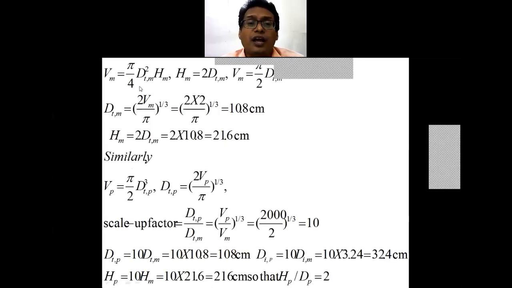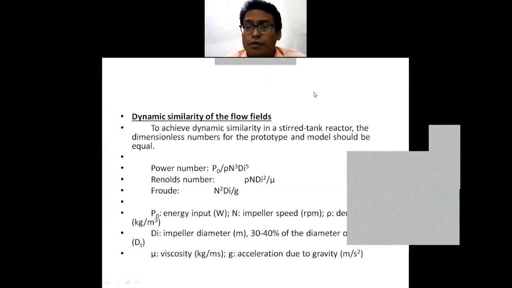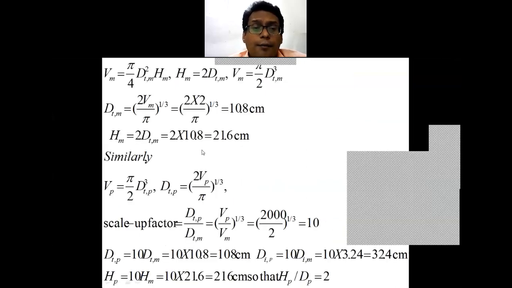From there we have calculated the diameter of the tank, 10.8 centimeter, and the height of the tank, 21.6 centimeter. Now based on the similarity pattern, we are going to consider the prototype, that is the industrial scale.